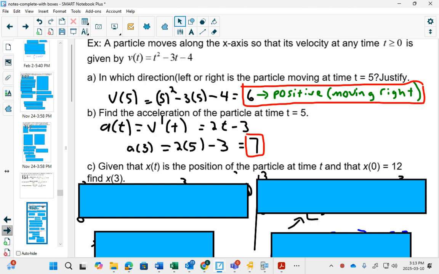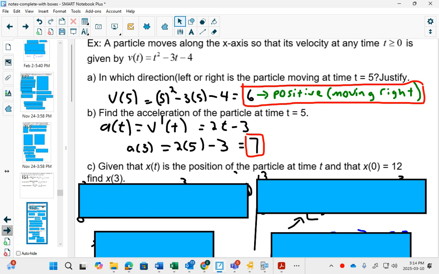So we define a function x of t. I like the variables here because your particle's on the x-axis. So x of t is basically its position somewhere along the x-axis at time t. And we know at time 0, it starts at position 12.